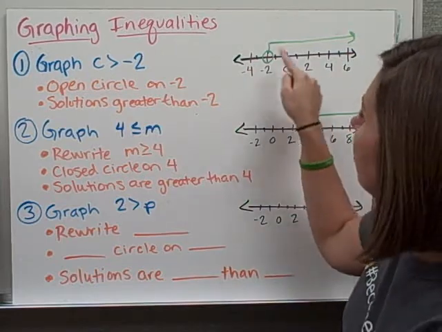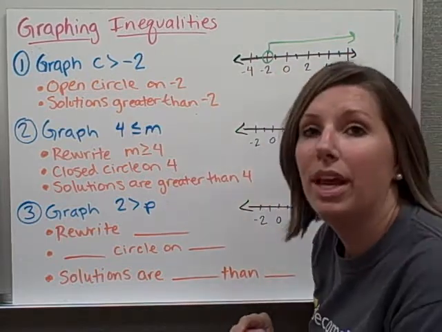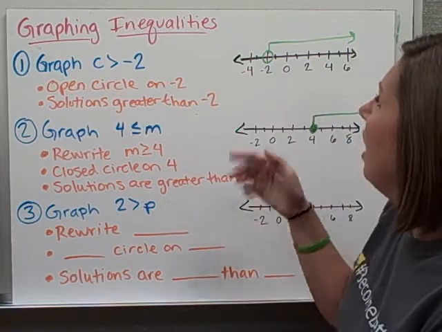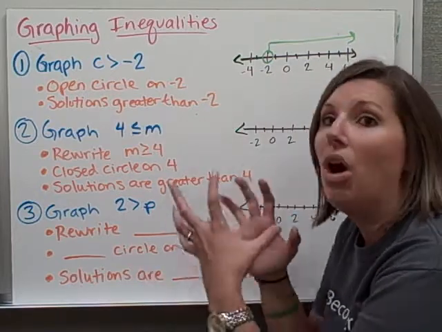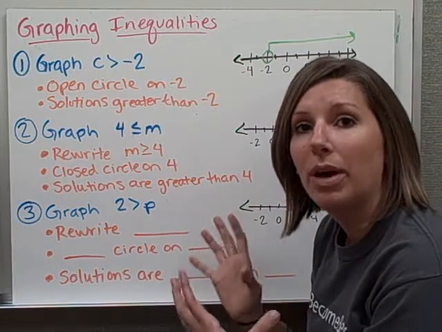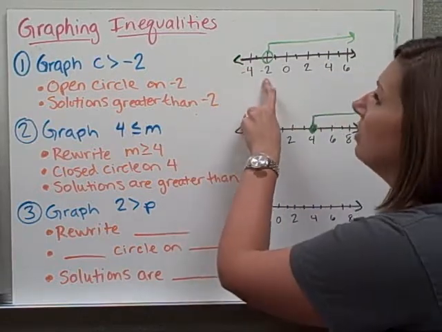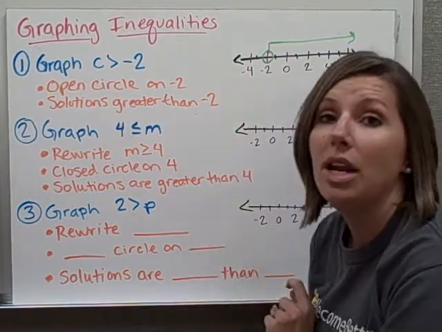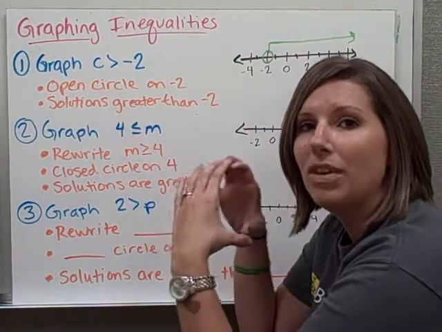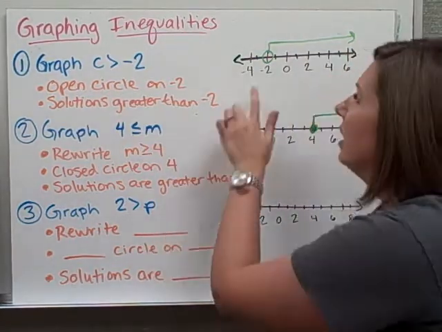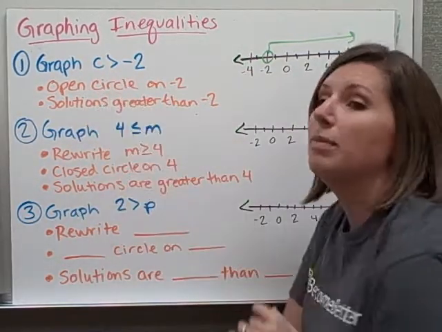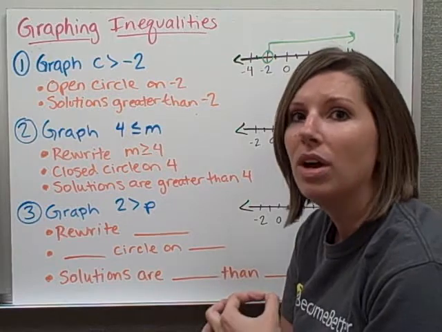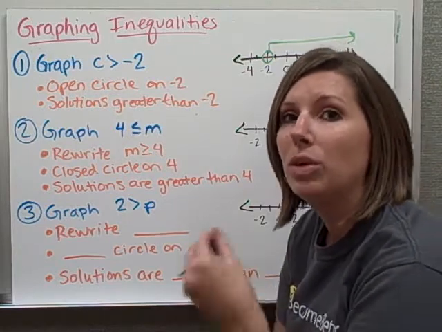Well, I'm going to draw my open circle on the number -2, but I'm drawing an arrow that will show you all of the solutions that could be a possible answer. -2 is not a possible answer, and that's why I leave it an open circle. That represents -2 is not a solution here, because it has to be greater than -2, not greater than or equal to.